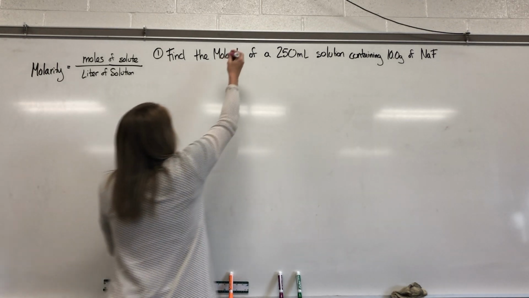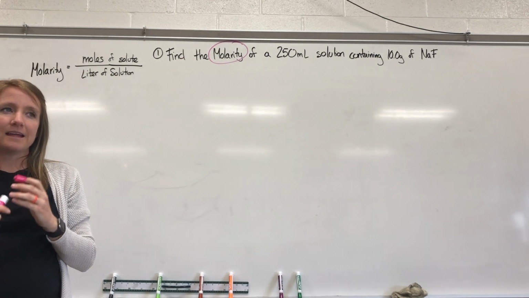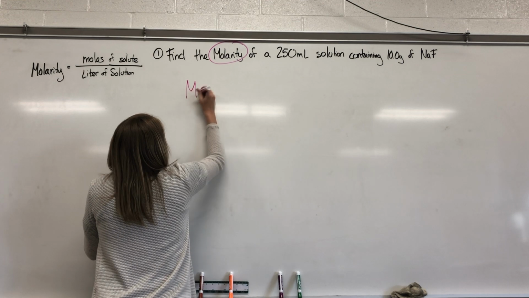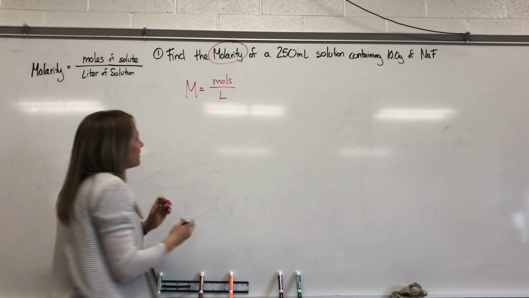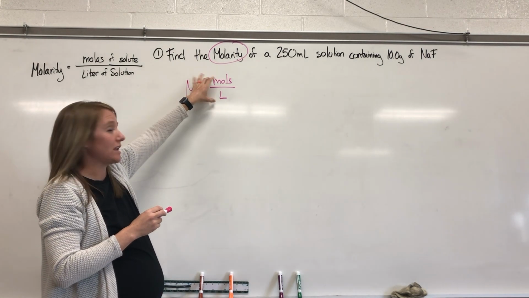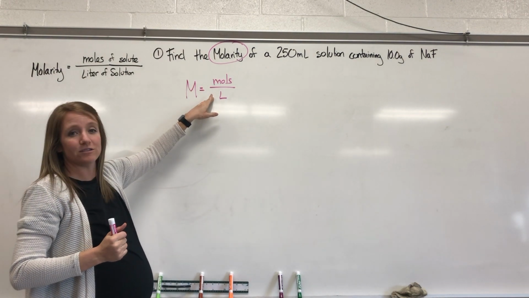The thing I'm trying to find is molarity, so I'm going to circle that. Now let's write out what molarity is: moles per liter. So there are 2 things I need to find the molarity of a solution: the moles of the solute over the liters of my solution.